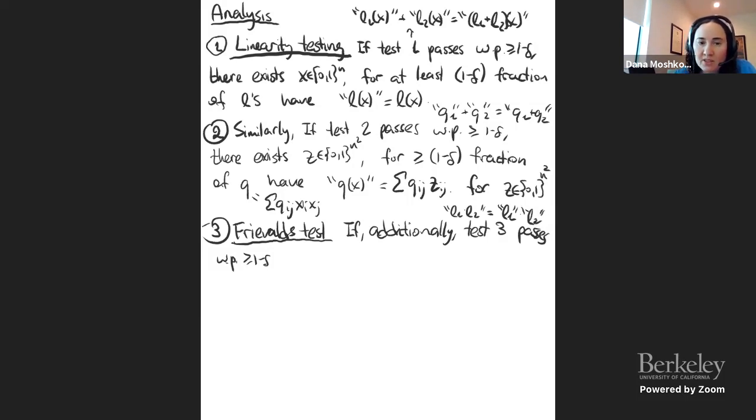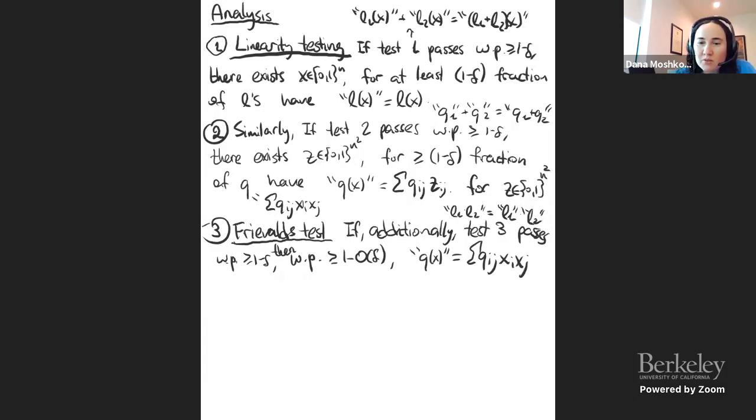So if this test, the check of consistency between the linear functions and the quadratic functions, passes with probability 1 minus delta, then with probability at least 1 minus order delta, we actually have that Qx equals Qij xi xj.